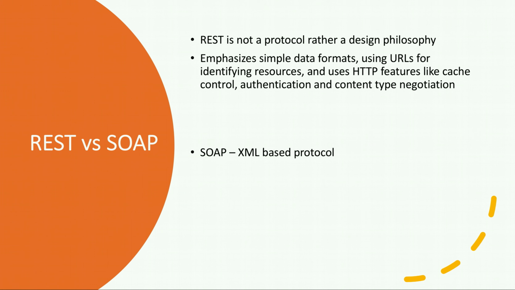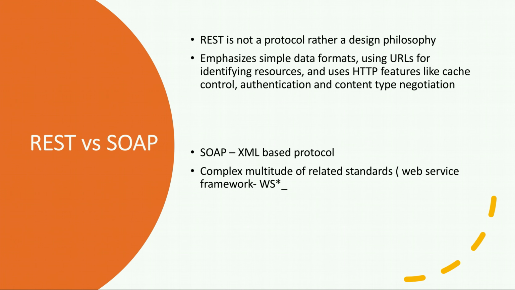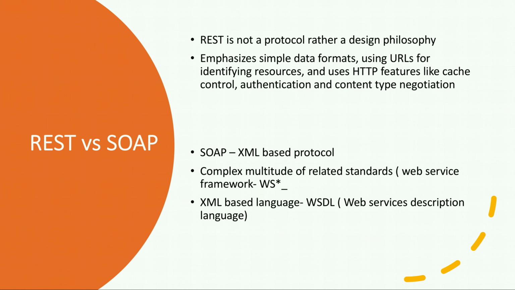Whereas SOAP is an XML based protocol for making network API requests. Although it is most commonly used over HTTP, it aims to be independent from HTTP and avoids using most of the HTTP features. Instead, it comes with a complex multitude of related standards called the Web Service Framework. The API for a SOAP web service is described using WSDL, that is Web Services Description Language.